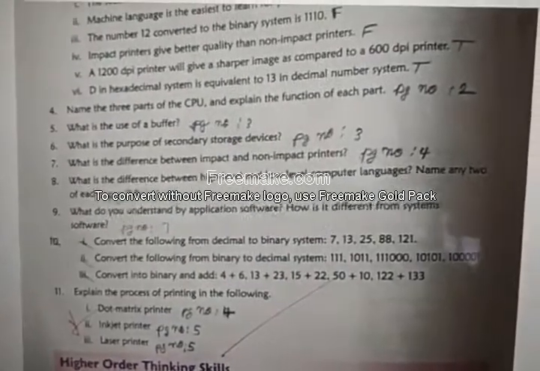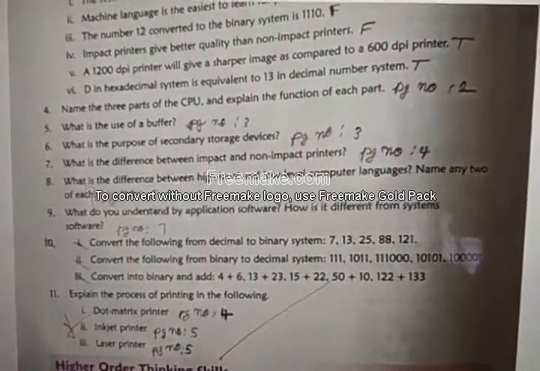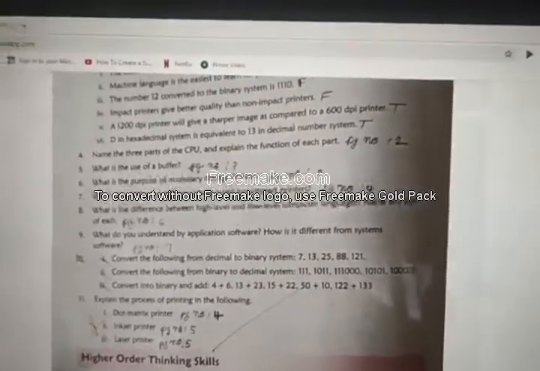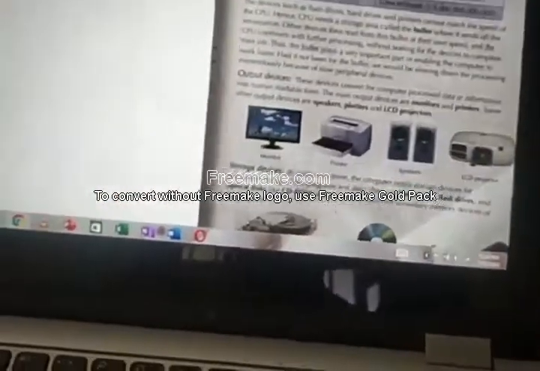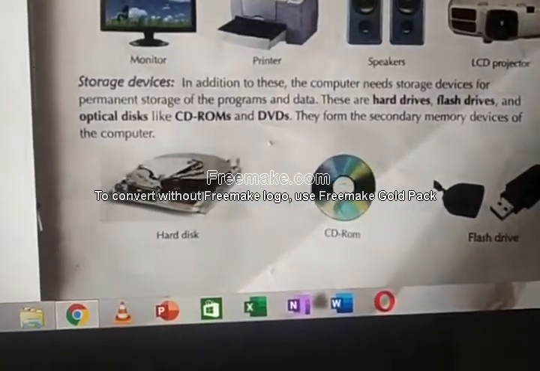Next, question number 6. What is the purpose of secondary storage devices? Page number 3. See, here also the answer is not marked.